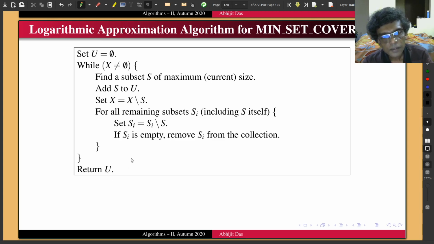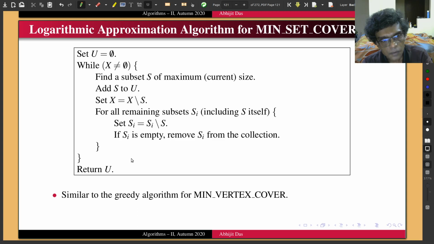So this is exactly the same as the special case of vertex cover. This is exactly the same algorithm as the greedy algorithm for minimum vertex cover, and the analysis is also exactly the same, so I leave it to you.